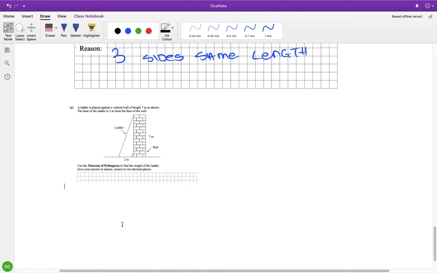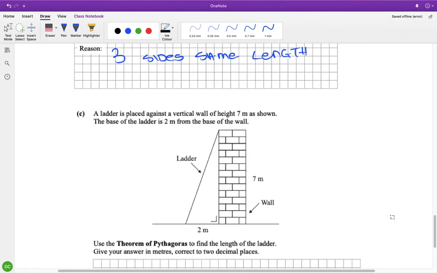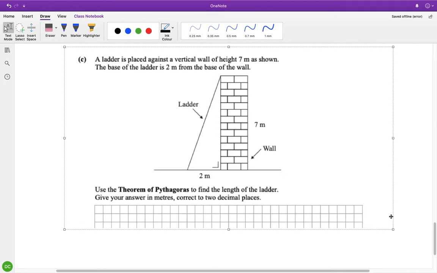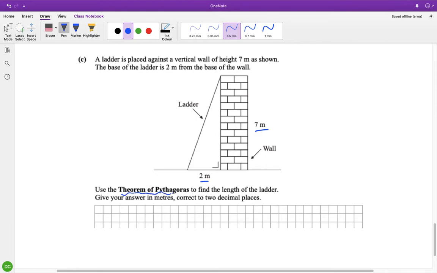A ladder is placed against a vertical wall of height 7 meters as shown. The base of the ladder is 2 meters from the wall, so that's here. It says the wall is a vertical height of 7 meters, which is here. Use the Theorem of Pythagoras. So we go to page 22, and we get the Theorem of Pythagoras, which is this.